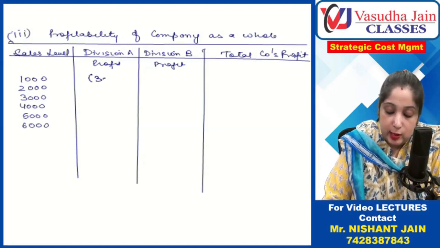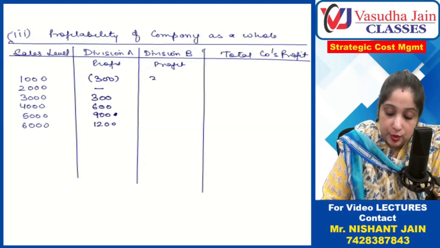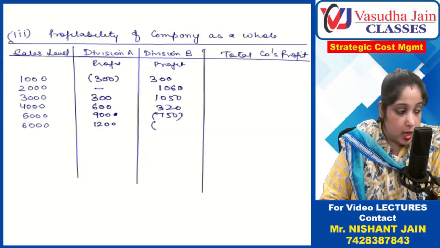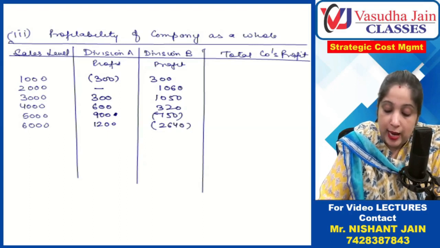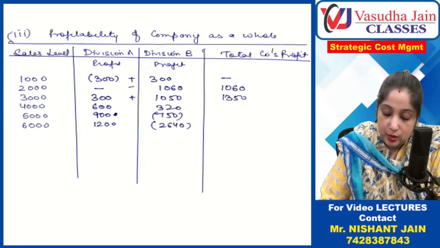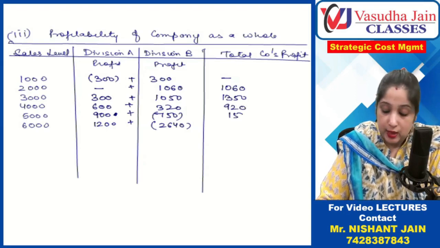Division A's profit: here it is loss, here it is nil, here it is 300 profit, then 600 profit, 900 profit and 1200 profit. Division B: 300 profit, 1060, 1050, 320, and 750 loss and 2640 loss. If I add these two, this becomes nil, this becomes 1060 profit, 1350 profit, then 920, 150, and here the loss gets reduced to 1440.